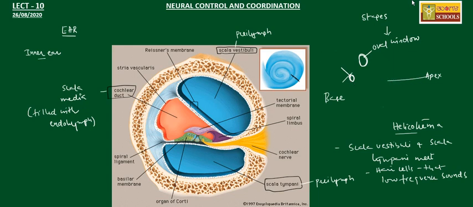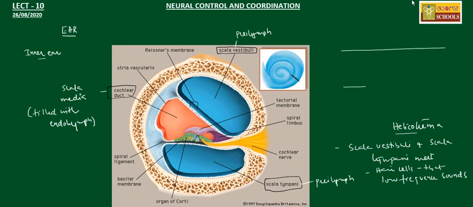How will we see it when we put this cochlea in a straight form?